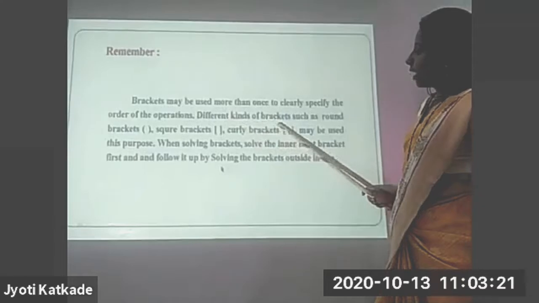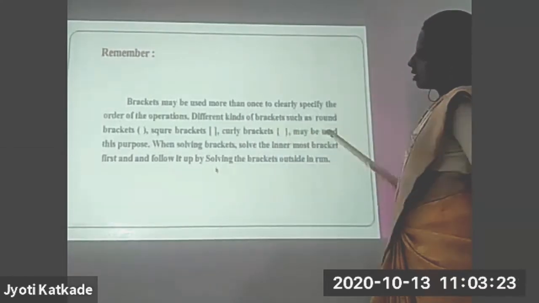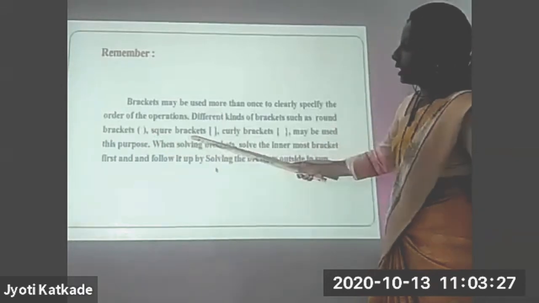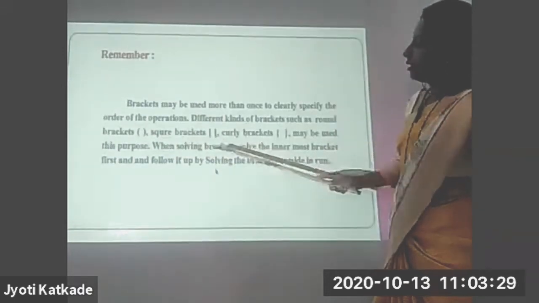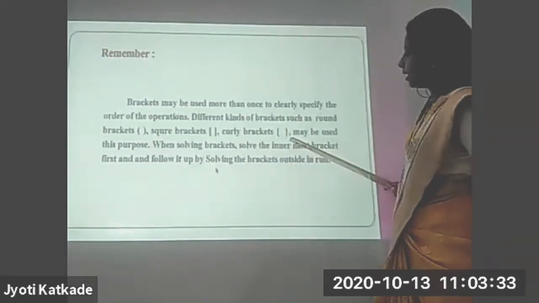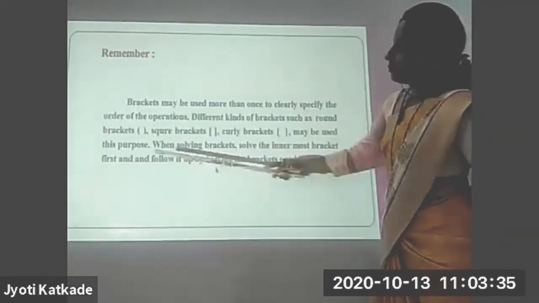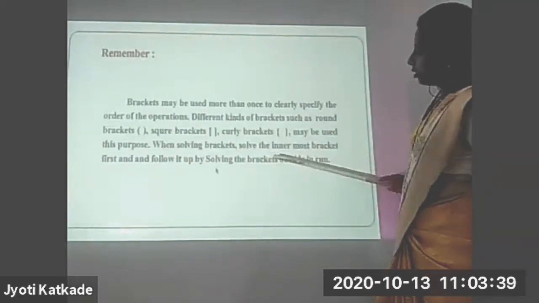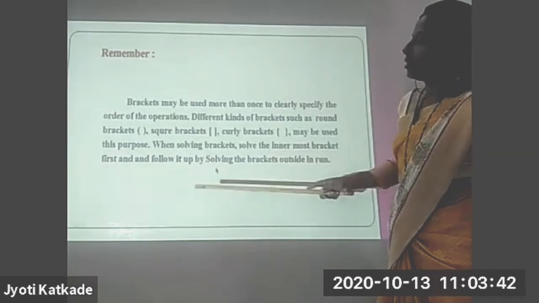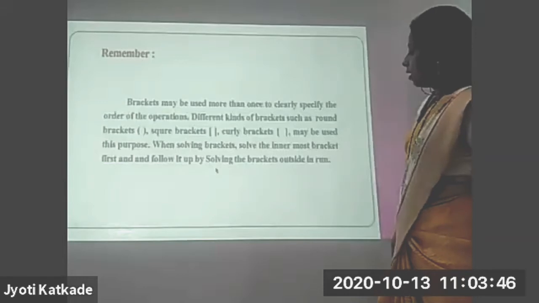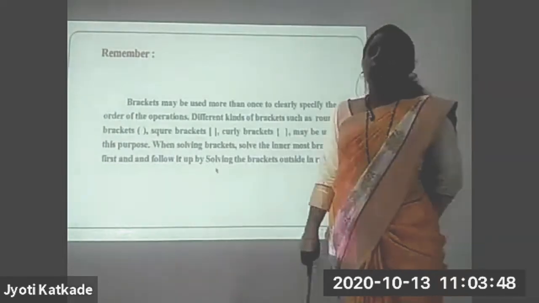Different kinds of brackets such as round brackets, square brackets, and curly brackets may be used for this purpose. When solving brackets, solve the innermost bracket first and follow it up by solving the brackets outside in order.